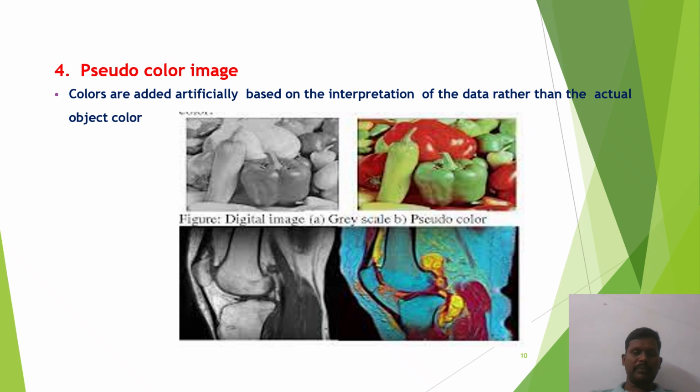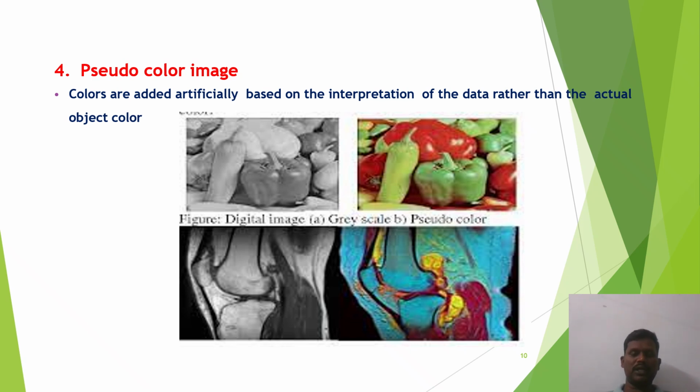The last type is the pseudo color image. For particular images, if you want to differentiate different parts of the image, we generally add colors to each region. Here the first figure is a grayscale image of different fruits and vegetables.